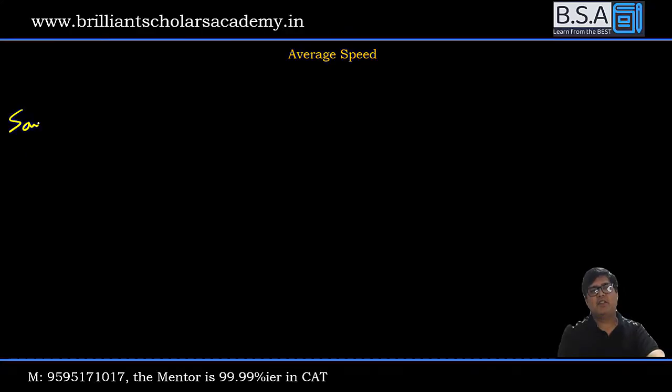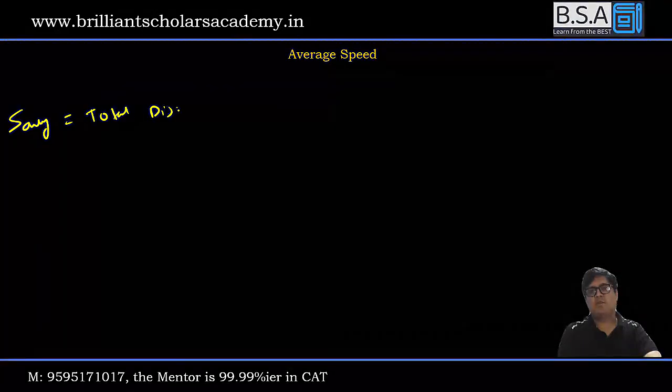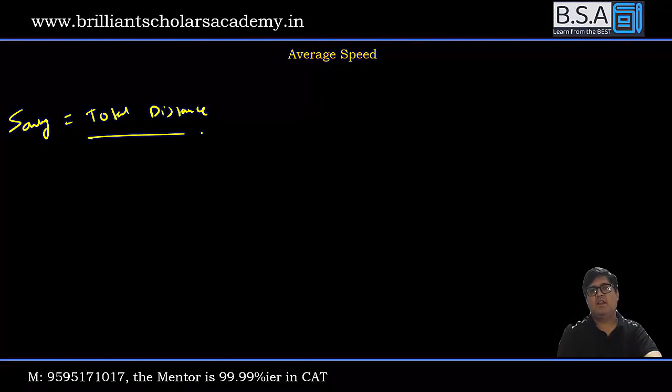Average speed is simply defined as total distance divided by total time. That's all. Again, the unit is kilometer per hour, or it can be meter per second.